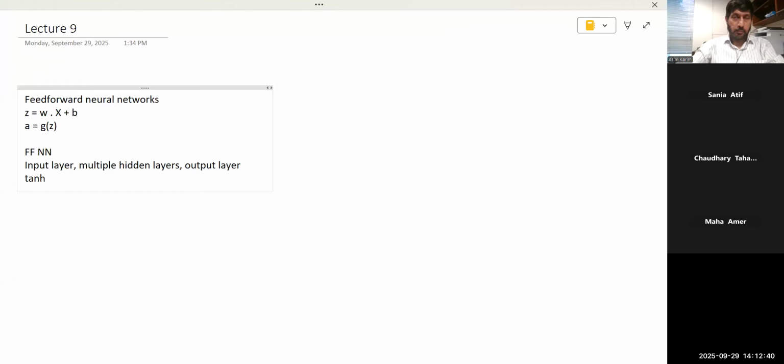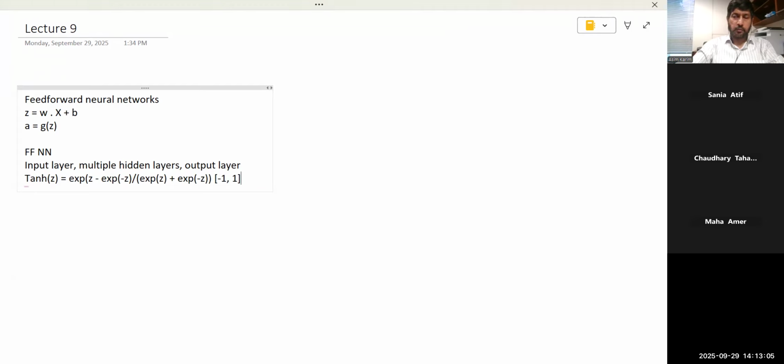So the tangent hyperbolic of Z, if you want to write it expanded out, it is exp of Z minus exp of minus Z divided by exp of Z plus exp of minus Z. And the range, of course, as I said, is -1 to 1.